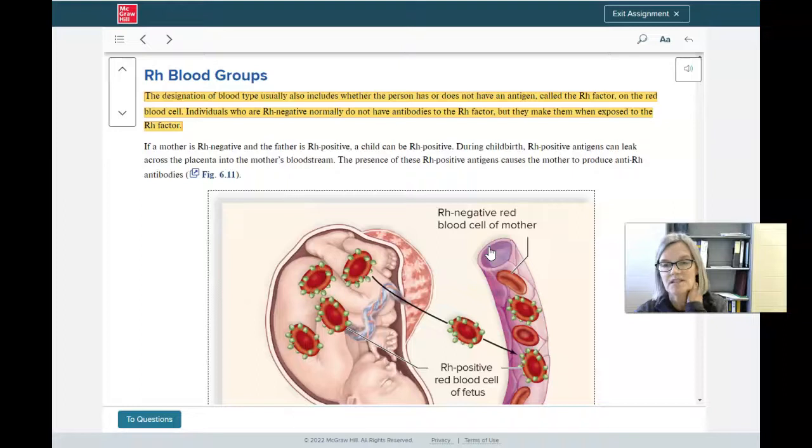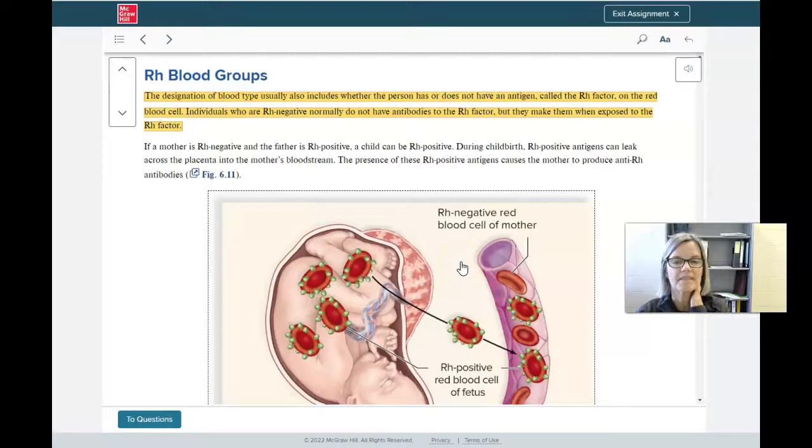They're RH positive. So if you have A proteins on your blood and RH proteins, we will say you have A positive blood. If you only have A proteins, we'll say you have A negative. So the positive and the negative you hear in blood type has to do with whether you have RH or not.